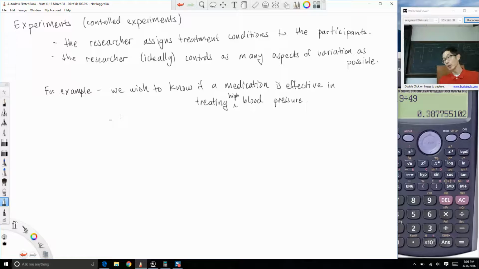You'd give them all the same diet, the same exercise regimen, and the only difference would be that in one group they get the actual drug, and in the other group they get the placebo. Then at the end of your study, if you notice a difference between one group and the other, that difference in blood pressure can be attributed to the fact that this group got the treatment and this group got the placebo.